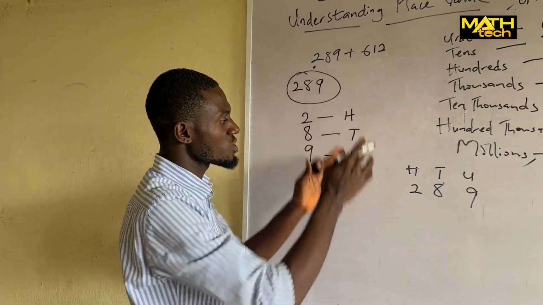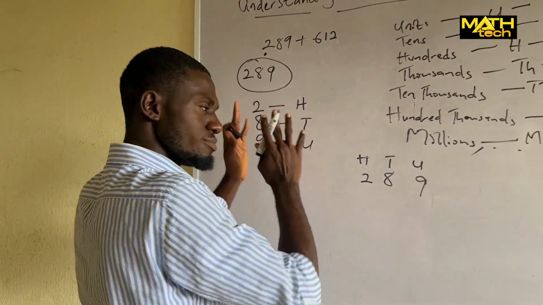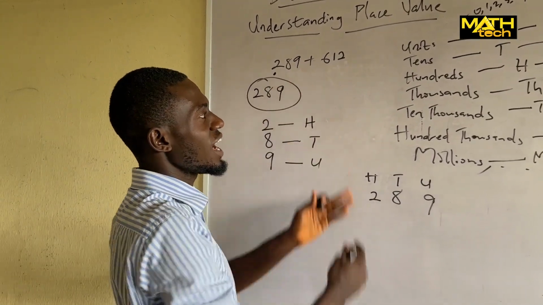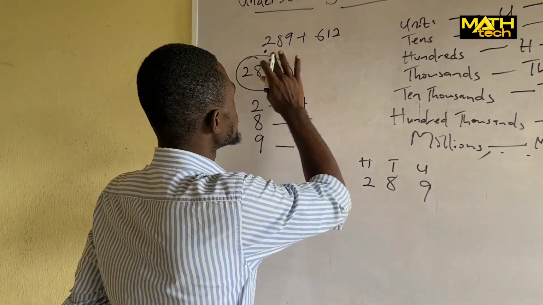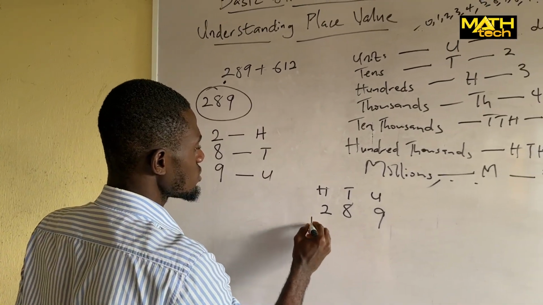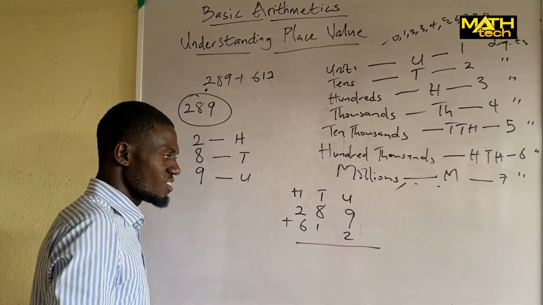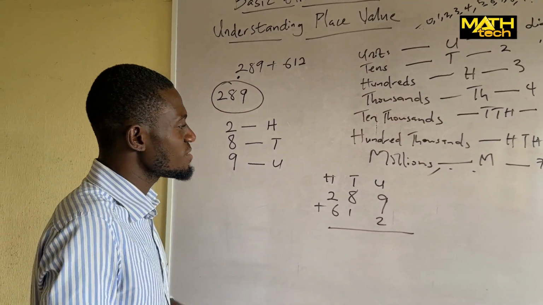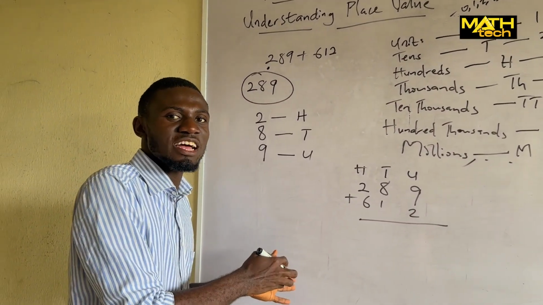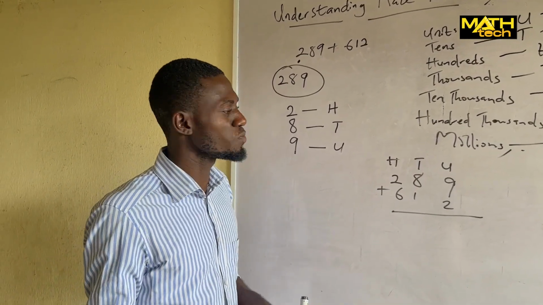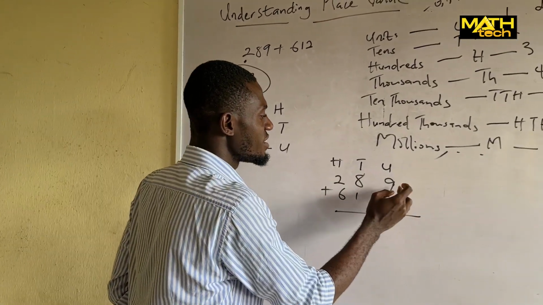So let's just go through the addition. What we are adding here are just hundreds. So 289 plus 612. This method also takes us back to our tally method, if you are finding basic addition to be difficult. So here we have 9 plus 2.